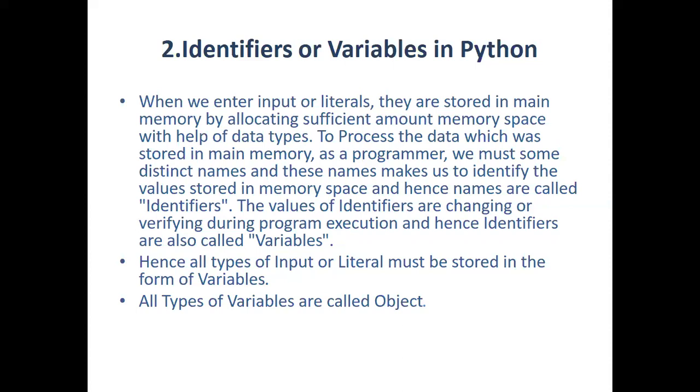The value of identifiers changes during program execution, and they are called variables. All inputs or literals must be stored in the form of variables, and all variables are called objects.